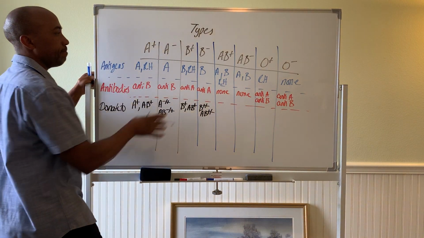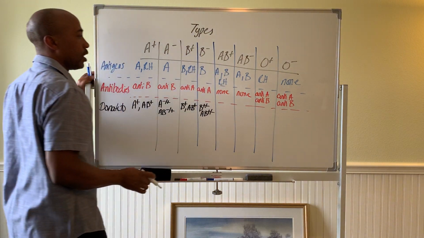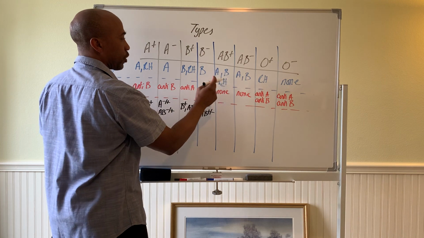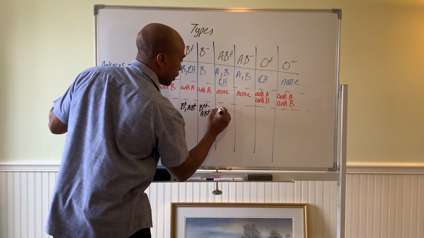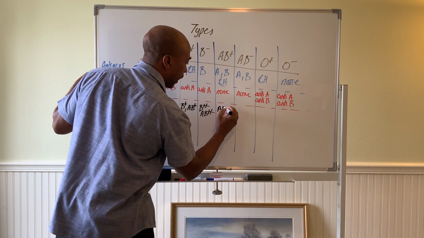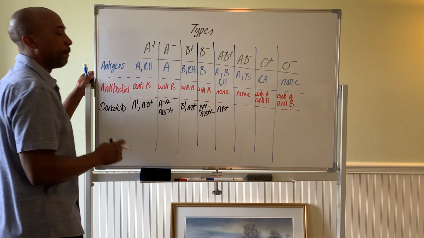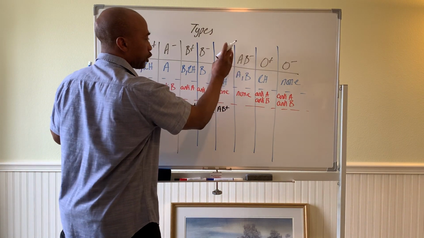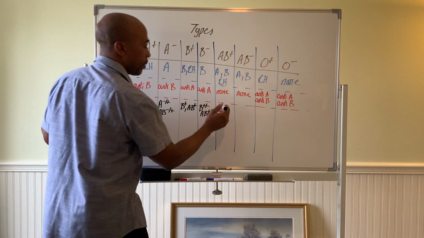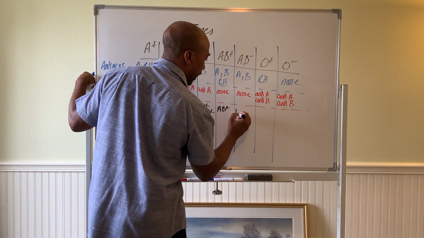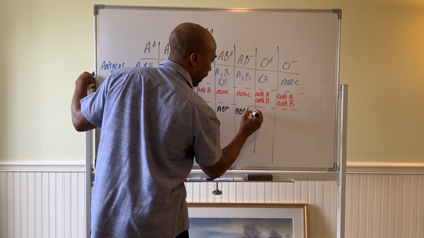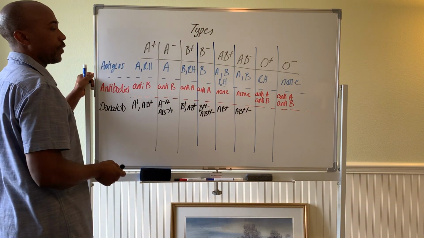For the AB positive, that one has all three antigens, so you can donate for sure to itself, AB positive, but to nobody else. The AB negative version can donate again to the AB positive and to the AB negative and nobody else.